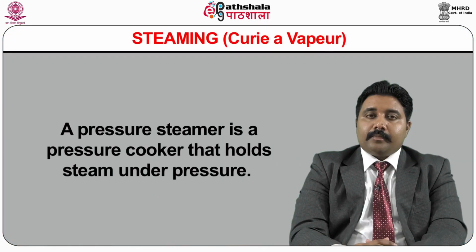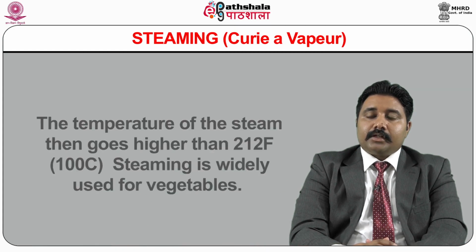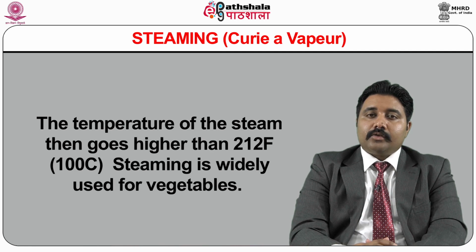However, it carries much more heat than boiling water and cooks very rapidly. Cooking times must be carefully controlled to avoid overcooking. A pressure steamer is a pressure cooker that holds steam under pressure. The temperature of the steam then goes higher than 212 degrees Fahrenheit, 100 degrees Celsius.